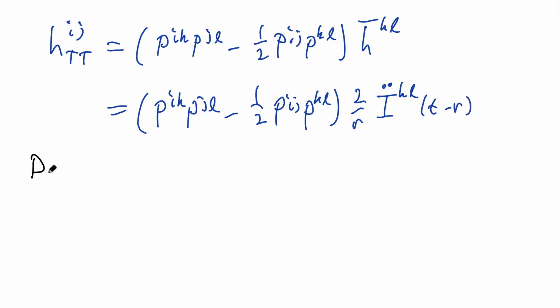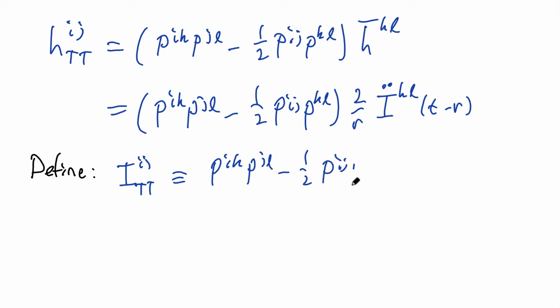Now let's define the transverse traceless part of the second moment of the mass distribution as this operator acting on I. So this is P_ik P_jl minus 1/2 P_ij P_kl acting on I_kl.